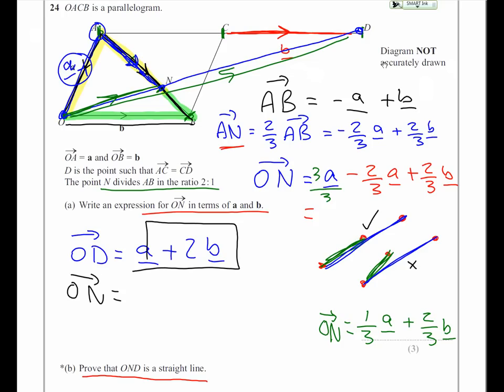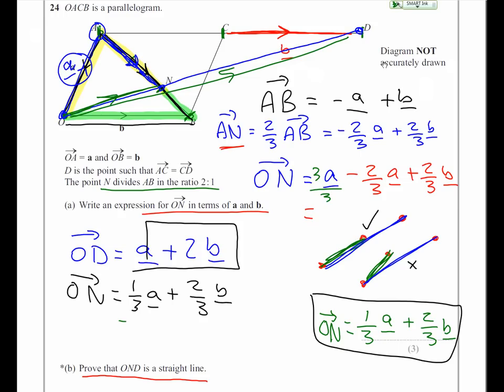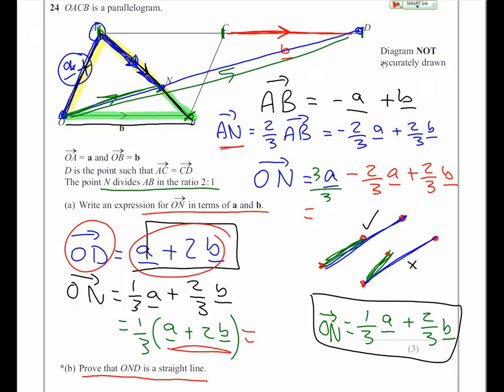It's quite a challenging question. O to N is a third A plus 2/3 B. We can factorize out the third because they're both divided by 3 and get A plus 2B. Now remember, A plus 2B is OD, which equals 3 times ON.